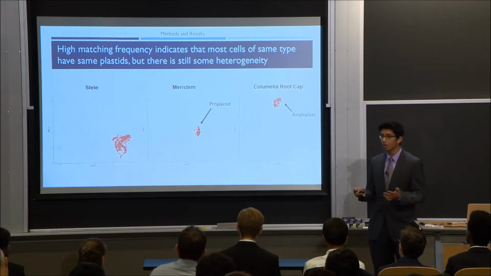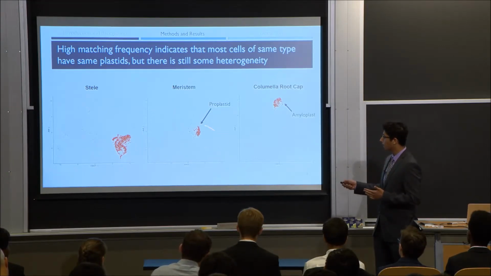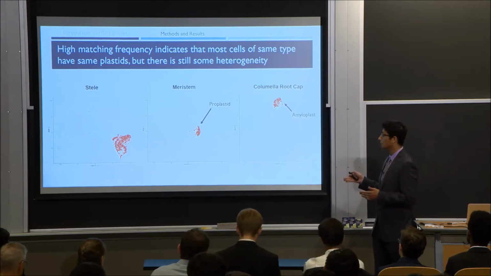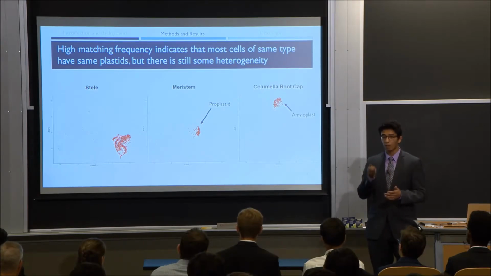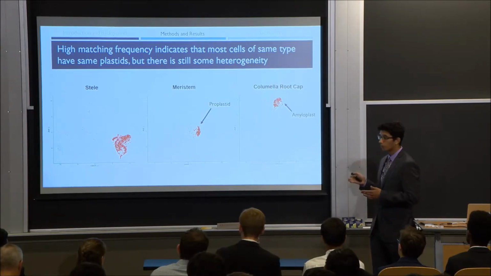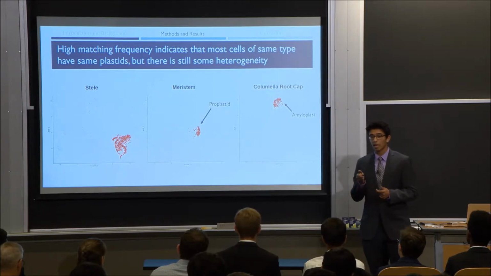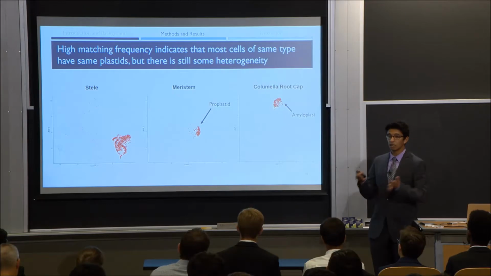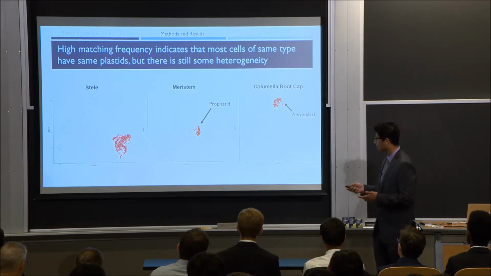And why is this exciting? Well, by finding this cluster, we can find differentially expressed genes for these proplastid-containing cells and amyloplast-containing cells, and we can develop a list of putative marker genes for these two types of plastids, which is a way to use gene expression to identify these cells, which is absent from the literature.